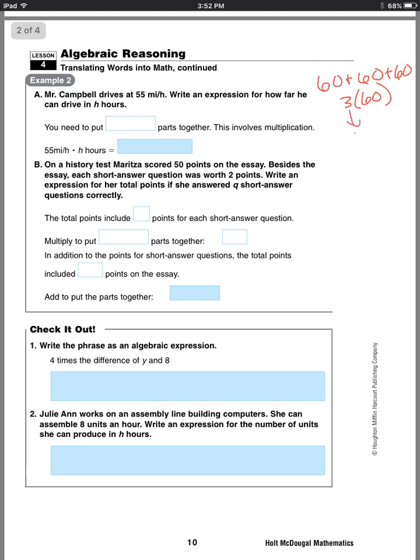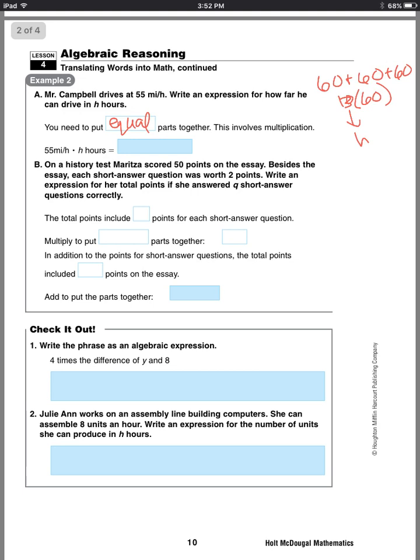That 3 was my hours. I could change that 3 to anything I wanted. What if I drove 10 hours and I drove 60 miles per hour for 10? Well, I could put a 10 there instead and get 600. I'm sorry, 600. That's why you don't do math in the summer. So, you need to put the equal parts together, which involves multiplication.